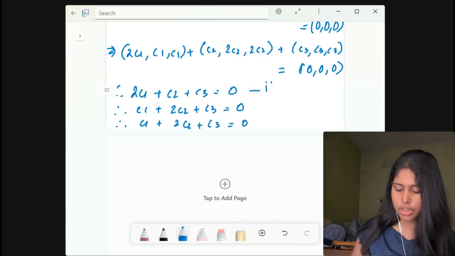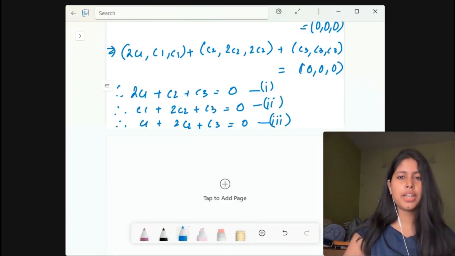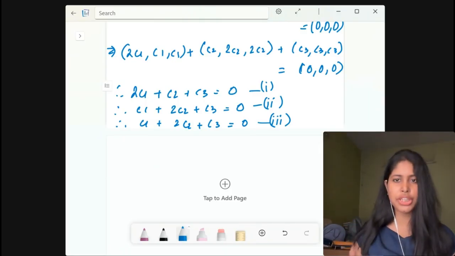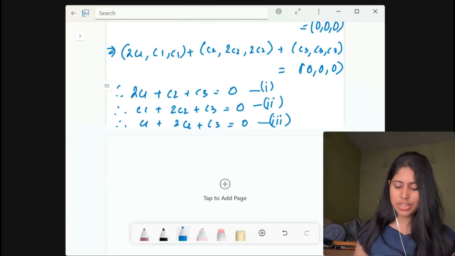So this is our equation number 1, this is equation number 2, and this is equation number 3. Now if you notice carefully, you will see that equation number 2 and equation number 3 are identical, and that's already a hint. Therefore we can just deal with these two equations and we will get our answer.